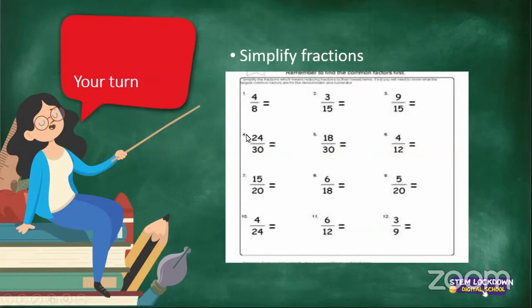We move on to number 4. We have 24 over 30. Here we can use 6 as a divisor. How many times does 6 go into 24?